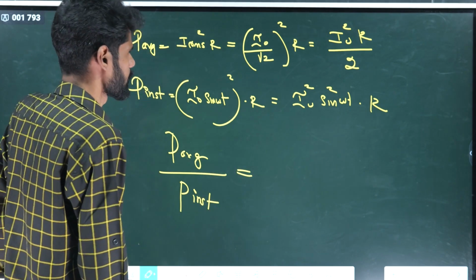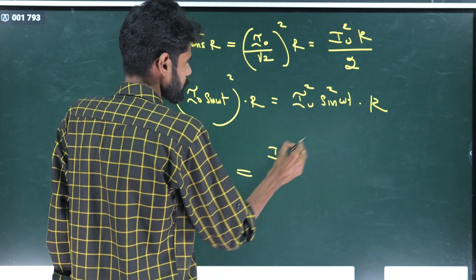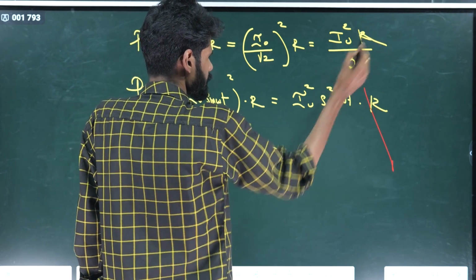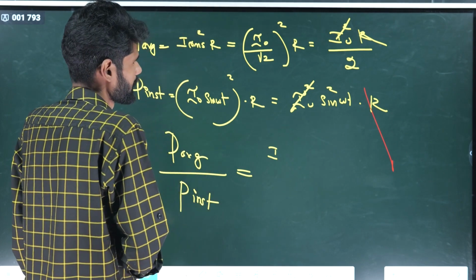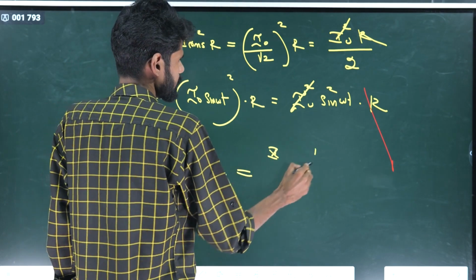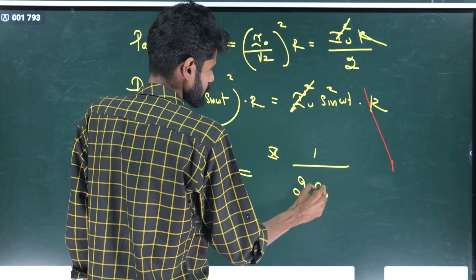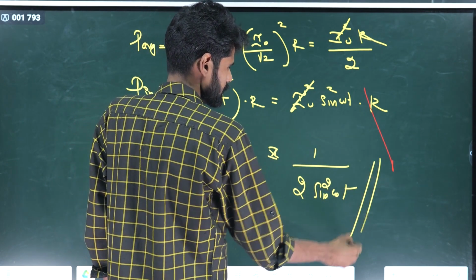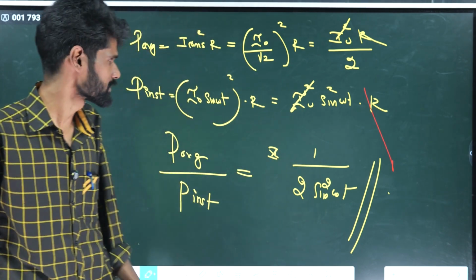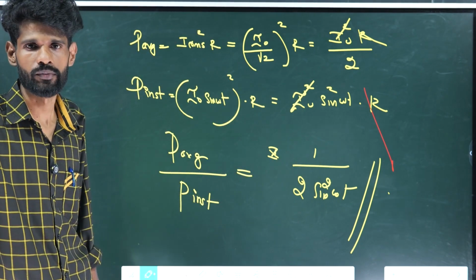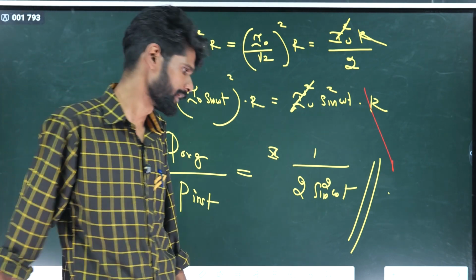When we find the ratio, here R gets cancelled, I naught square cancels out. So P average by P instantaneous is equal to 1 divided by 2 sin square omega t. This is the ratio of average power to instantaneous power dissipated in the AC circuit containing pure resistance only.